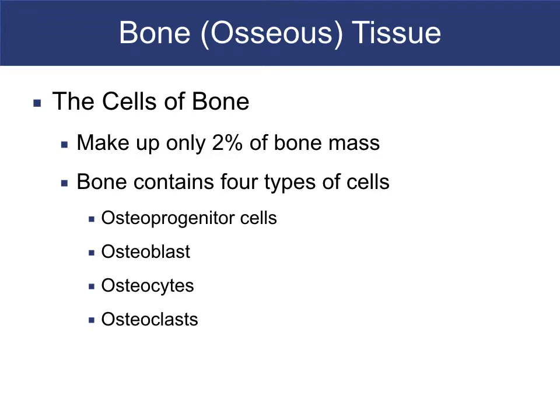Anything that's a blast makes a substance. So the chondroblasts make the cartilage that's right around them, and the osteoblasts make the bone that is right around them.